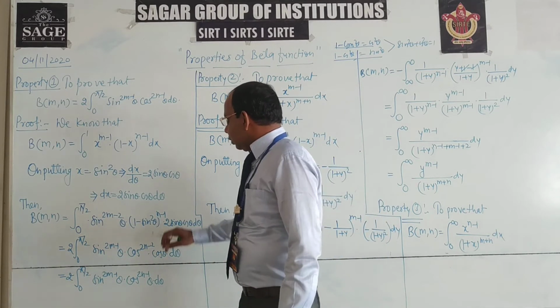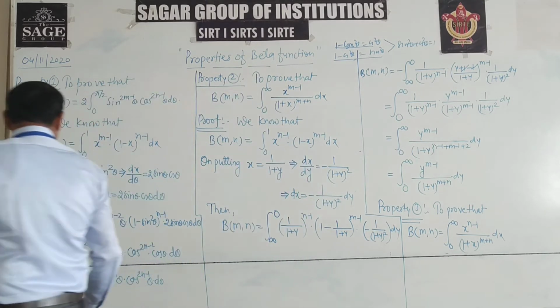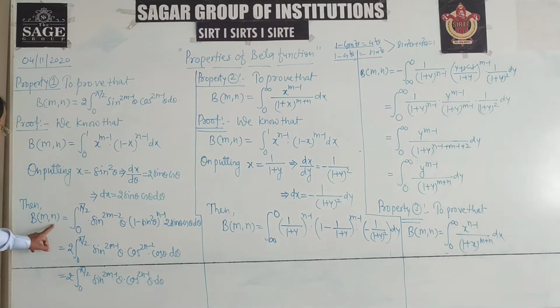With this replacement, beta(m, n) equals the integral, and the limits will change as per the substitution. For x equal to 0, we have 0 equal to sin square theta.